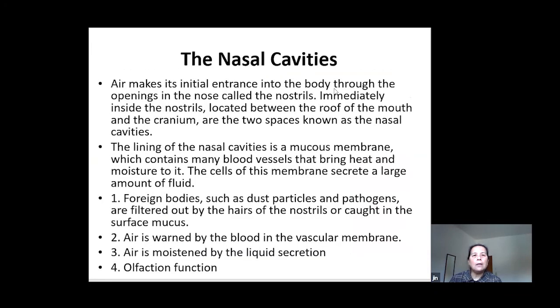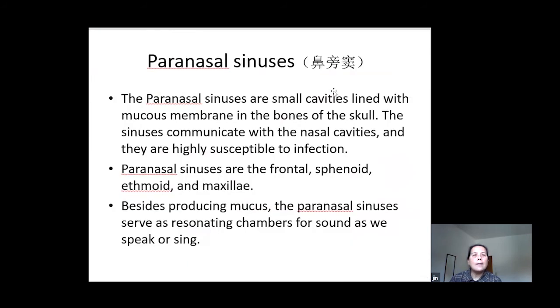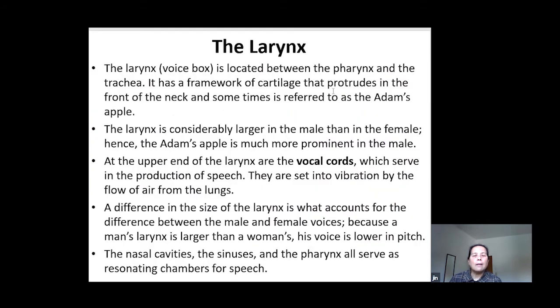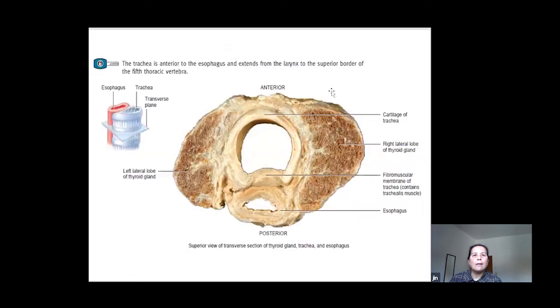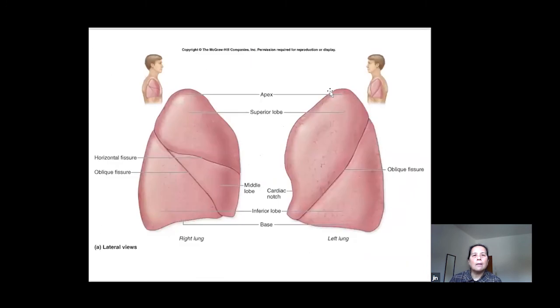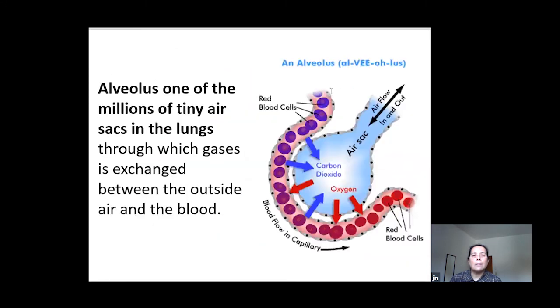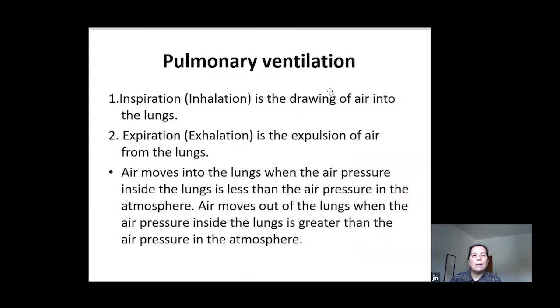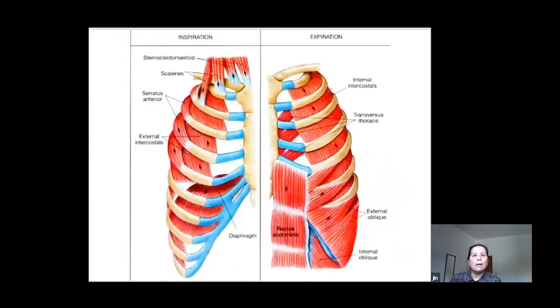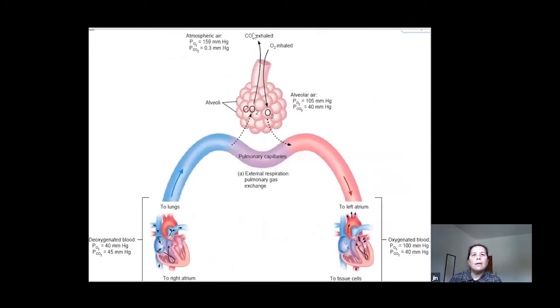Then we see what happens in there. Just like this picture, here is the heart.